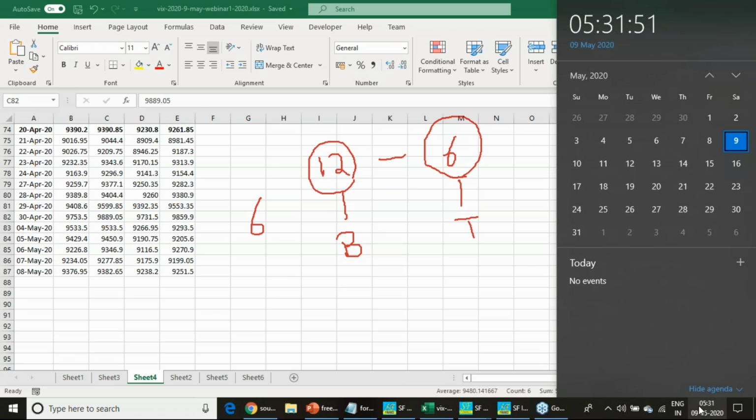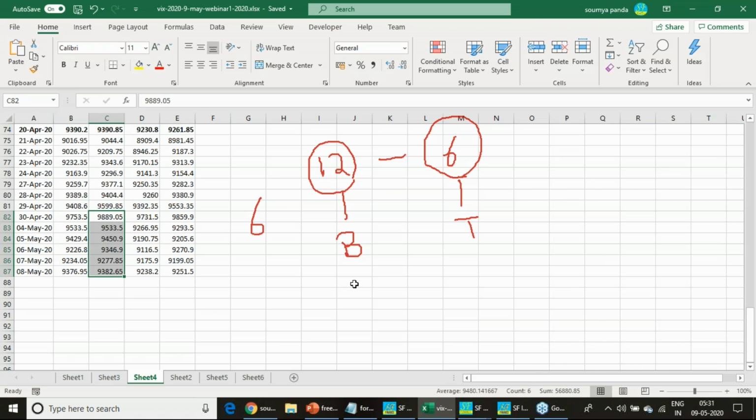So the next bottom is expected on 18th of May.